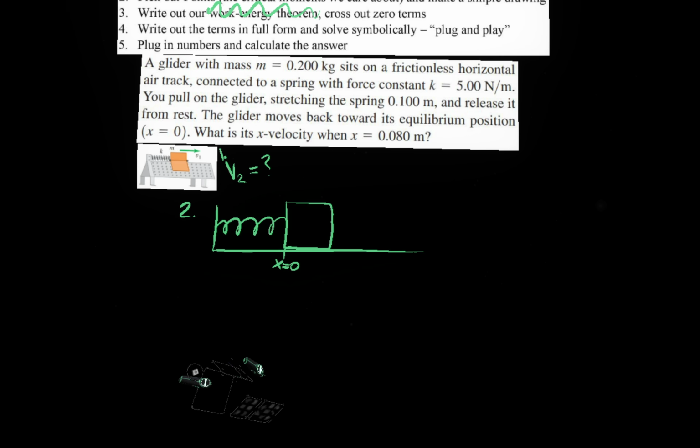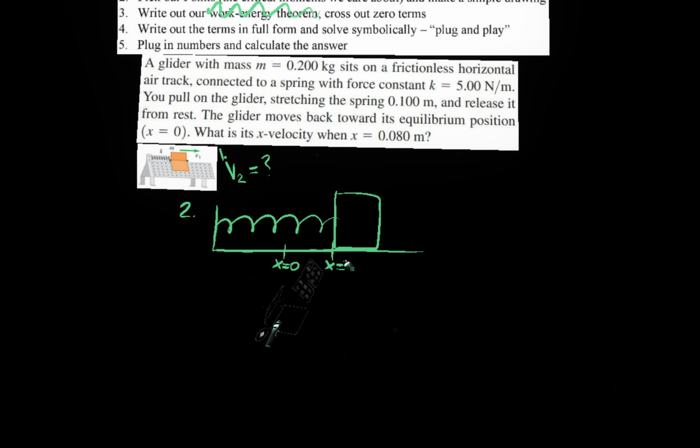And so what we do is we pull, it says you pull on the glider, stretching the spring 0.100 meters. So that's going to be our 0.1. The spring is stretched a little bit. I'm going to exaggerate, even though it's only 0.1 meters.